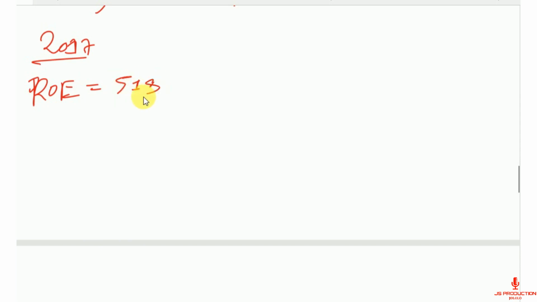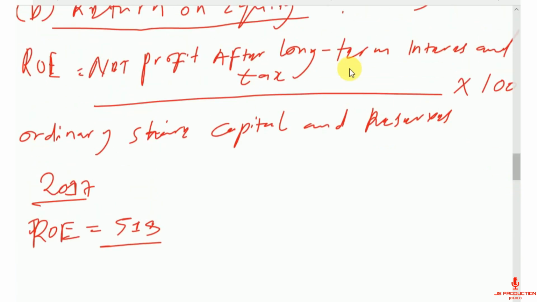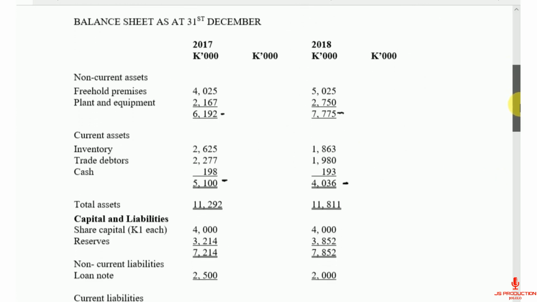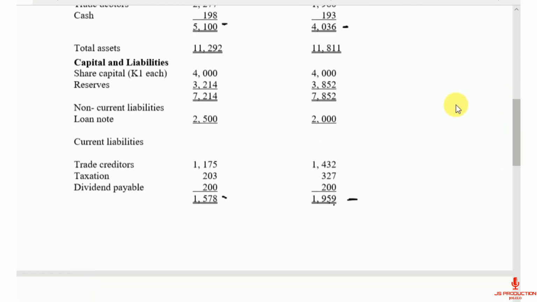Let us look at the ordinary share capital and reserves. We're going to find them in the balance sheet. So we have ordinary share capital and reserves. These two, we are going to add them, and as you can see, the summation we already have, which is 7,214.